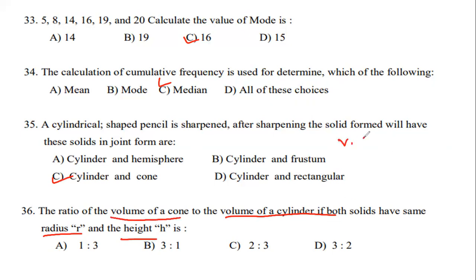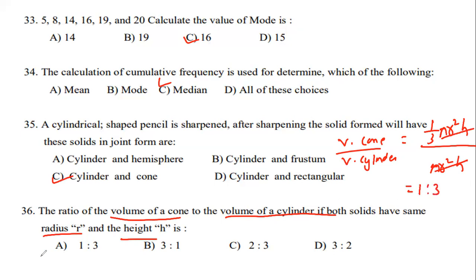So volume of cone divided by volume of cylinder. So what is the ratio? Volume of the cone is 1/3 pi r square h divided by volume of cylinder, which is pi r square h. Pi r square h cancel, you will get 1:3. Which option is right? Option E is correct.